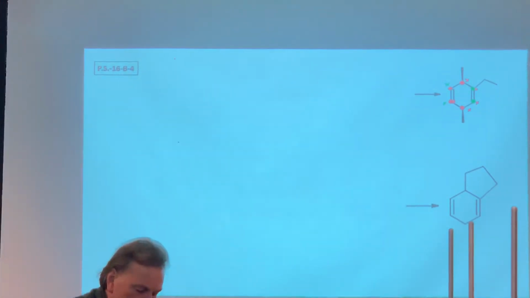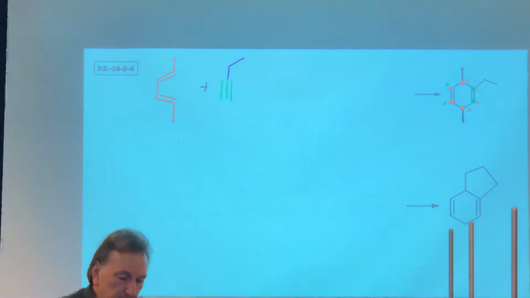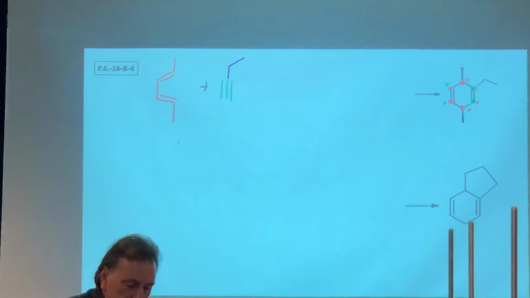X is that, right? And this is one possibility, plus this and this. Okay? That's one possibility, yes? And what is the other possibility?